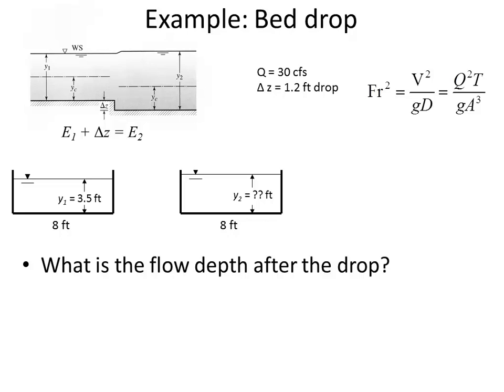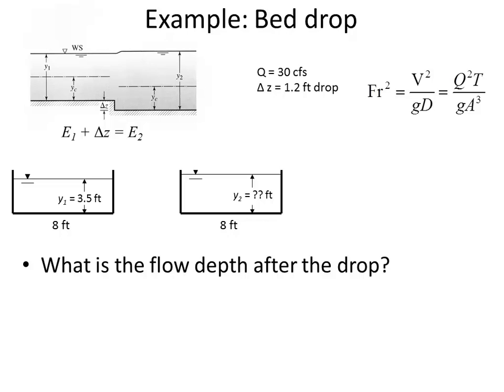We know the flow rate is 30. We know the cross-sectional area, so we can find the velocity. Okay, the energy at 1 is Y1 plus V1 squared divided by 2g.